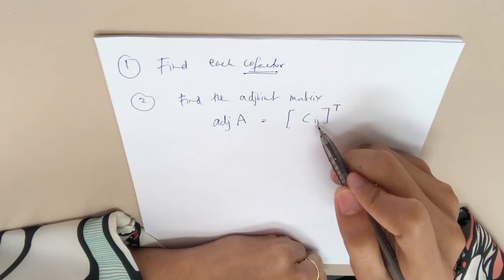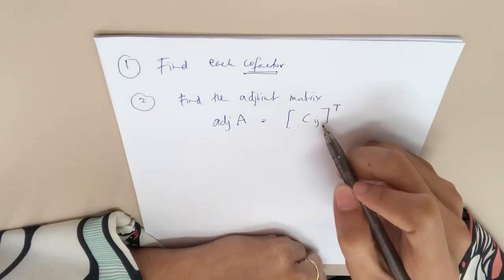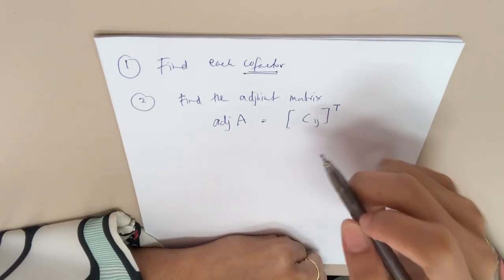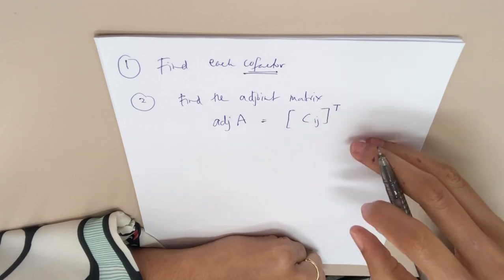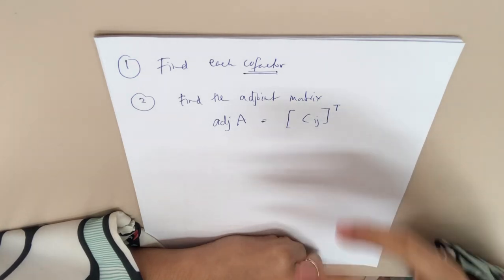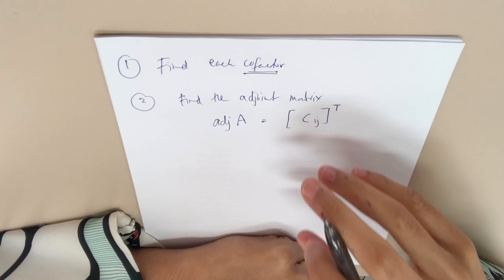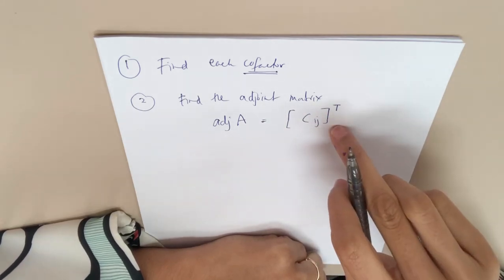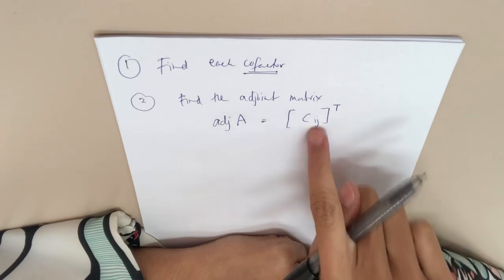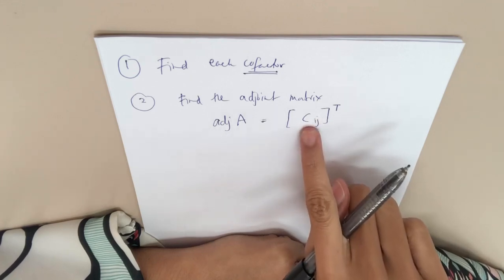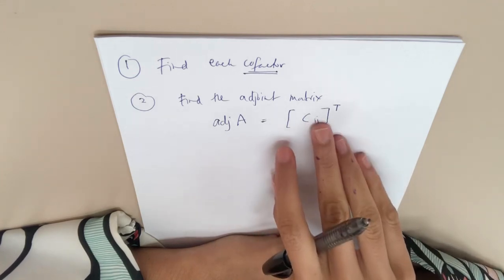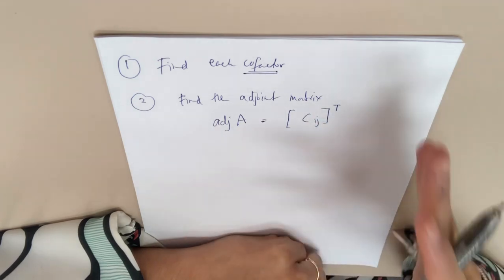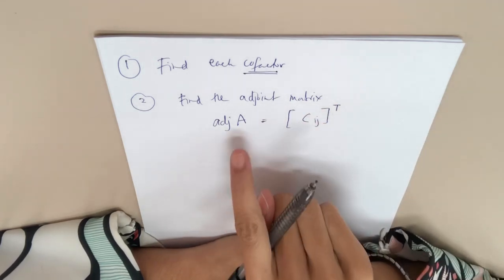That's why, if you still remember the previous video, I said that if the question asks you to find all cofactors, I prefer you to write the final answer as a matrix. This is the reason. The matrix of cofactors, Cij where C means cofactor, when transposed, is the adjoint A.